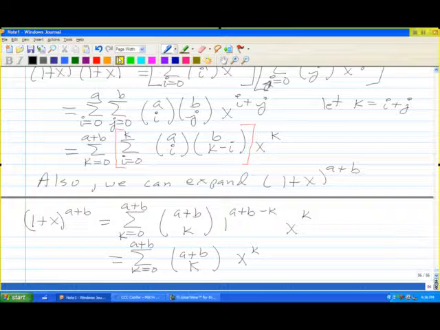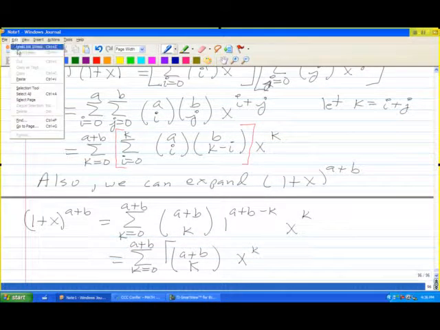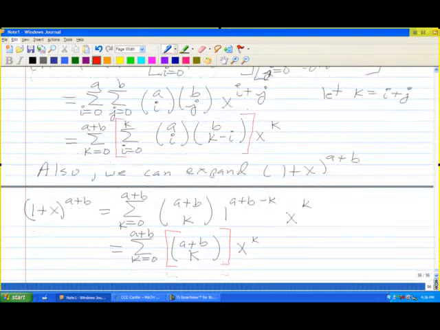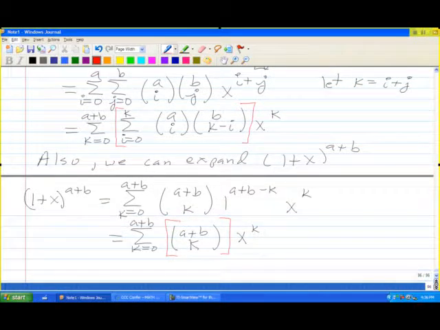But I noticed that these are the coefficients of x to the k.